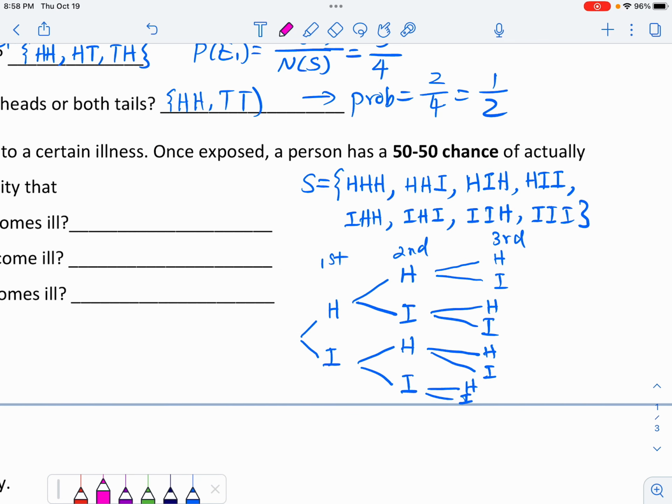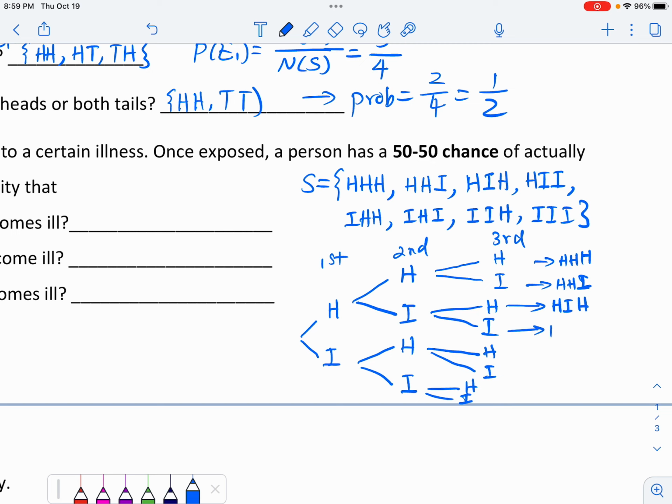And then how do you read the sample space? You read horizontally, row-wise: healthy, healthy, healthy. So the first outcome will be healthy, healthy, healthy. The second outcome will be healthy, healthy, ill. And the next one here will be healthy, ill, healthy, and so on.